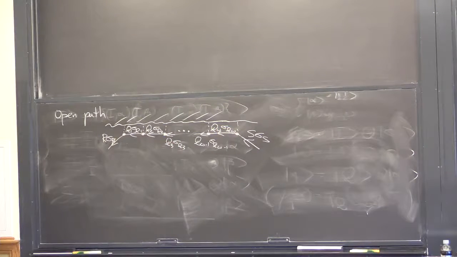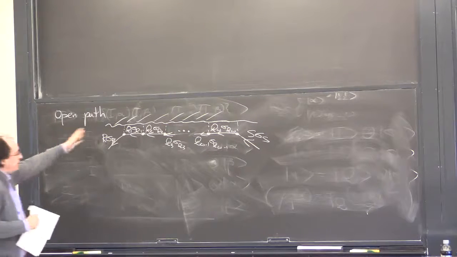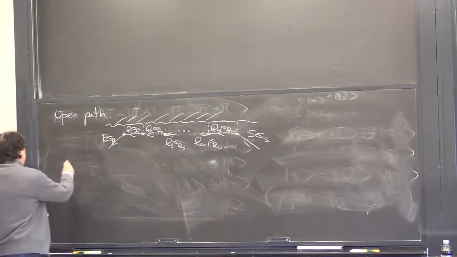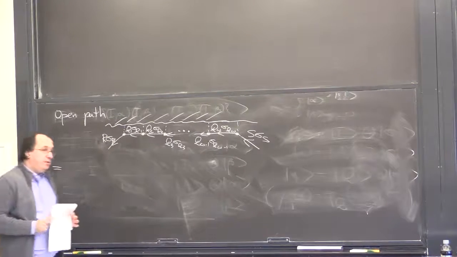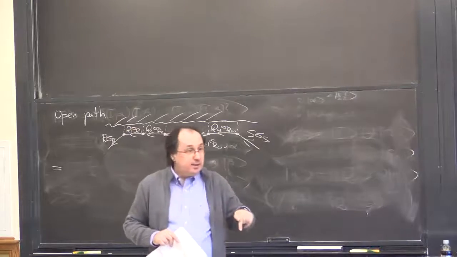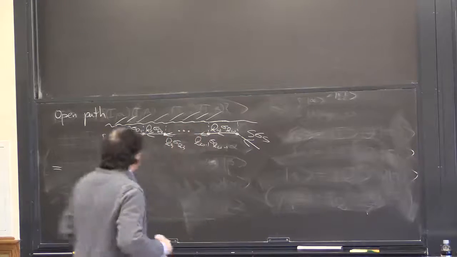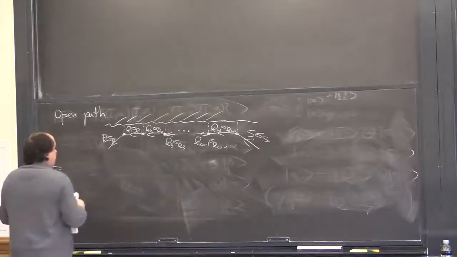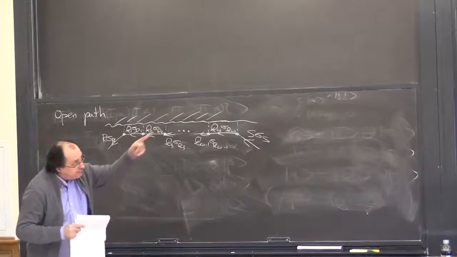That is our spin orbital diagram, or the open path in the spin orbital diagram. Well, we already know what we can do with it. If all the vertices here are spin-free, that is, they do not act on spin variables, I can separate it into the orbital part as I did before.